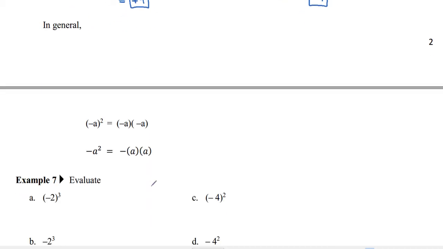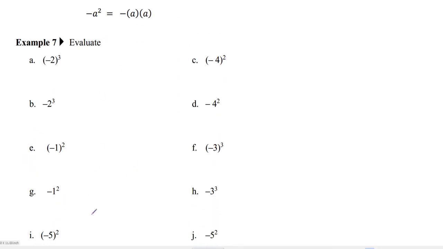So in general, kind of summing up what we were just saying, if you said negative a, in parentheses, squared, that's the same thing as negative a times negative a, which, if you simplify, negative times negative is going to be a positive a squared, right? But this expression here, when you say negative a squared, that is negative a times a. So notice you will get a negative in that situation.